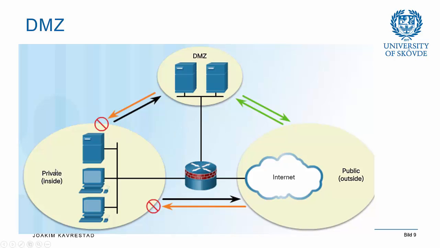Then you allow your inside network to communicate with the demilitarized zone and with the internet. But you don't allow the demilitarized zone to communicate with your inside network, and you do not allow the internet to communicate with your inside network. And then, of course, you let the demilitarized zone communicate with the internet and the other way around.